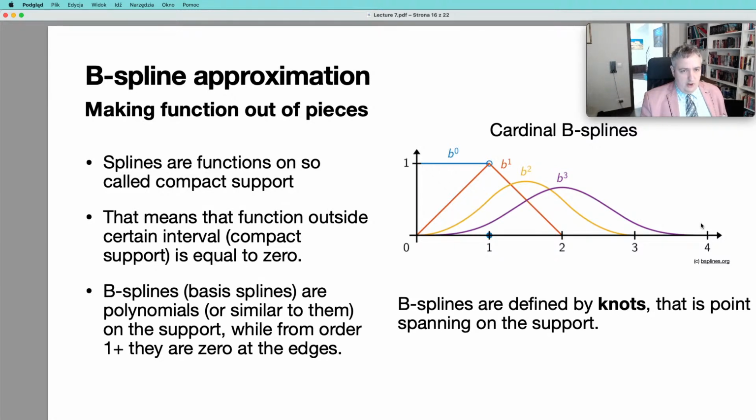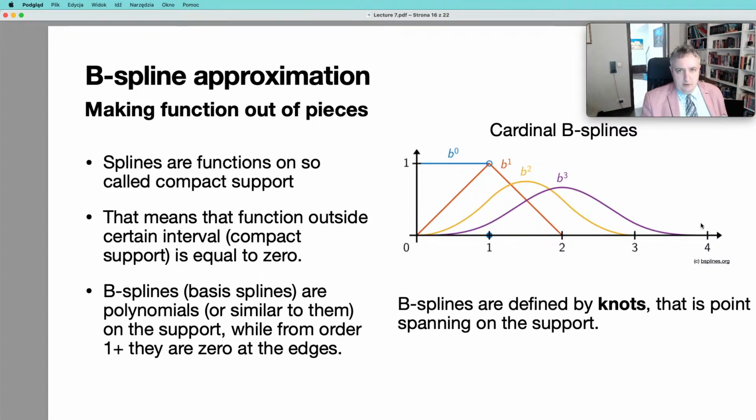So, generally, spline functions are limited to certain intervals. They give you smoothness up to a certain degree, so they don't have an infinite number of derivatives like polynomials do.